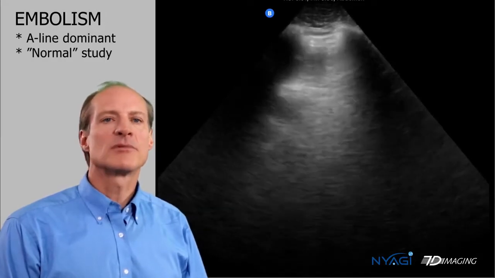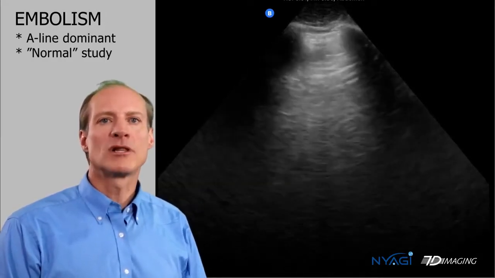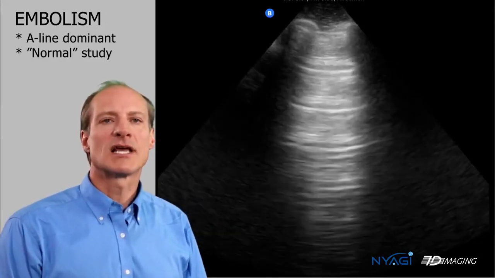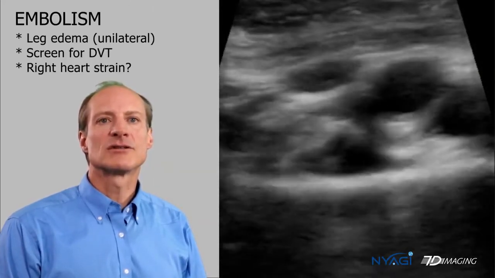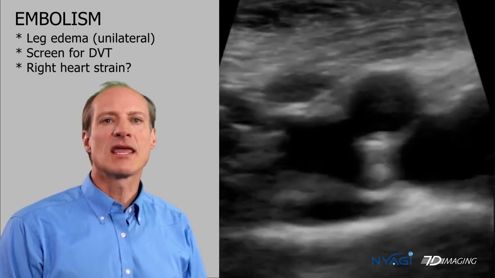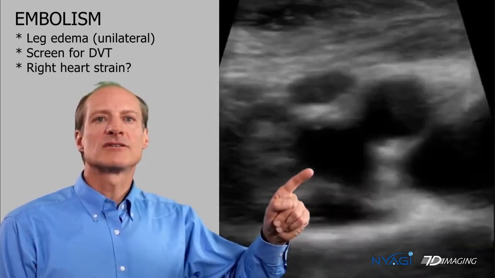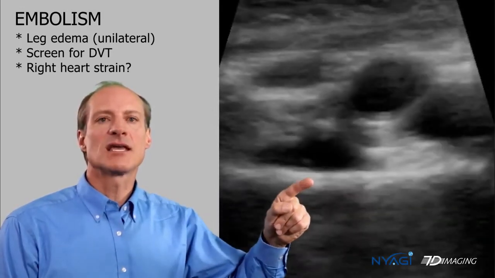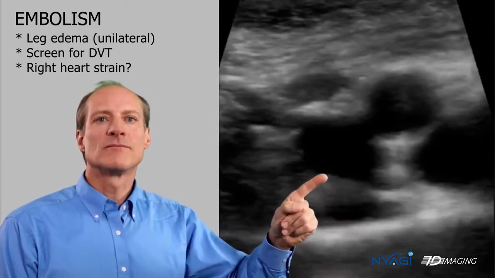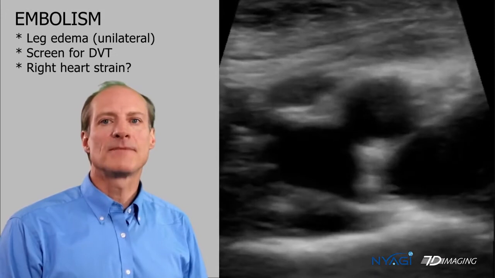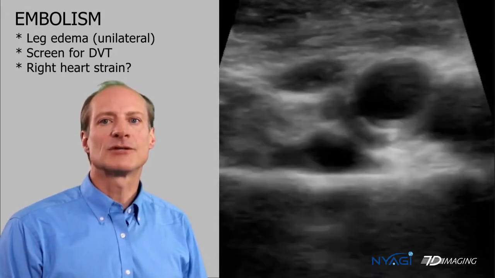So a pulmonary embolus may have a completely normal appearing lung ultrasound study. However, if you look at the blood vessels in the groin or behind the knee, you may see blood vessels that do not compress. In this case, you can see a compressible vein right here, which rules out a clot in that vessel.